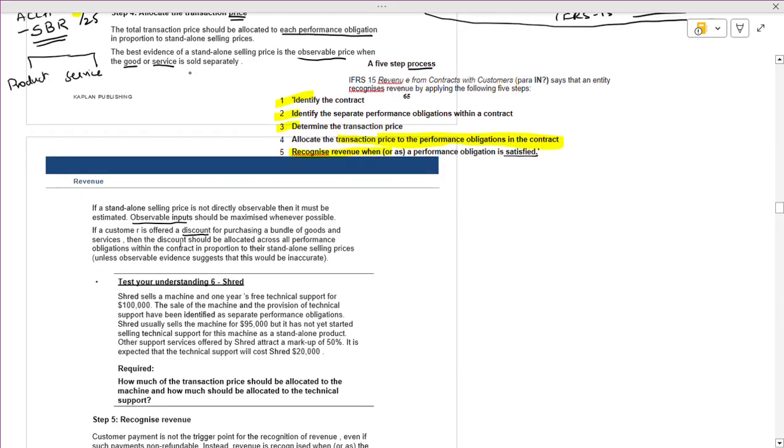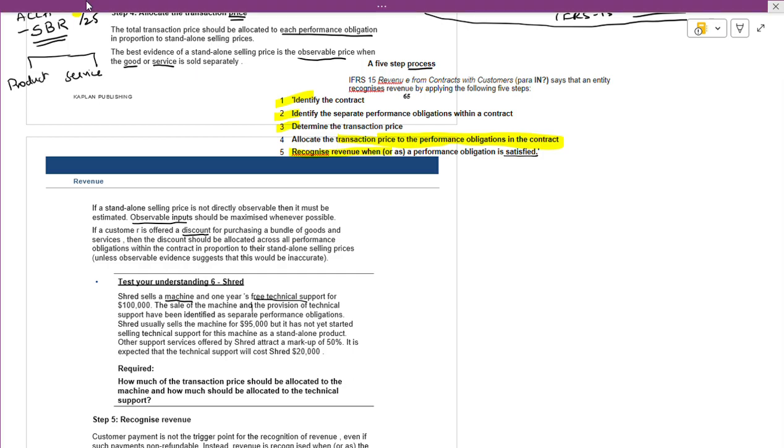A small example is given, and it's very important for test your understanding. Shred sells a machine, and they are selling goods along with free technical support for 100,000. Definitely there is nothing free; there will be a cost element.